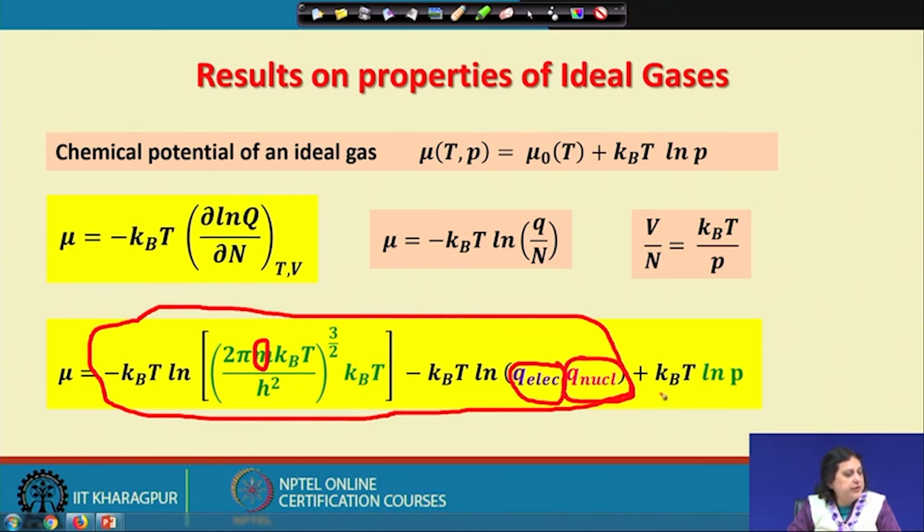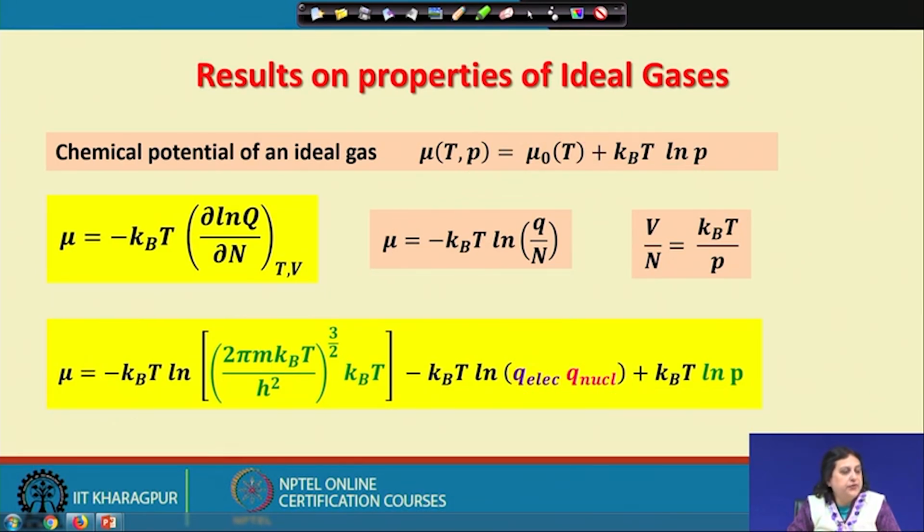And what I am left with is this term kBT ln P, which basically tells me what mu naught of T is. This is nothing but whatever appears here, and we obtain kBT ln P as an additional term.